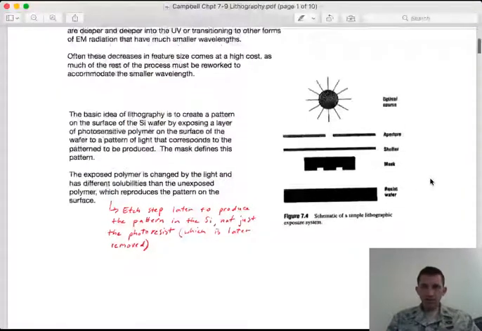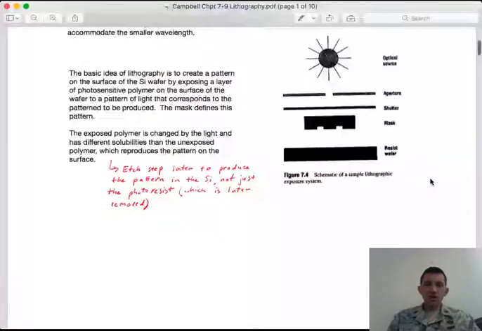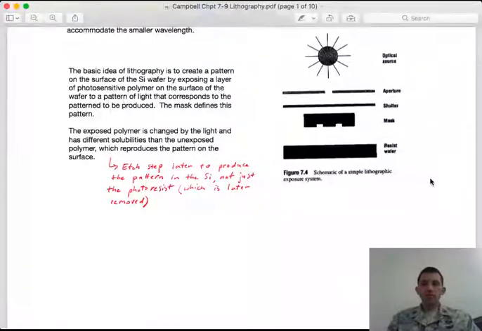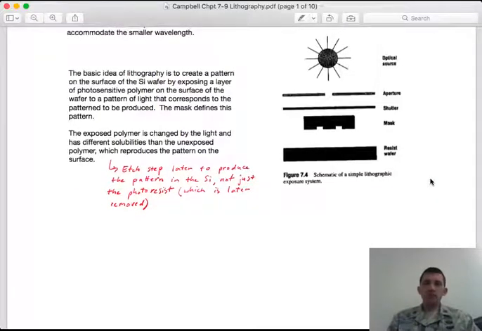And this allows our device to have complex arrangements and geometries, and it's the one part of the microfabrication process that is not global. Everything else we are doing to the whole surface at the same time. And the only part of this whole process that encodes information is photolithography.